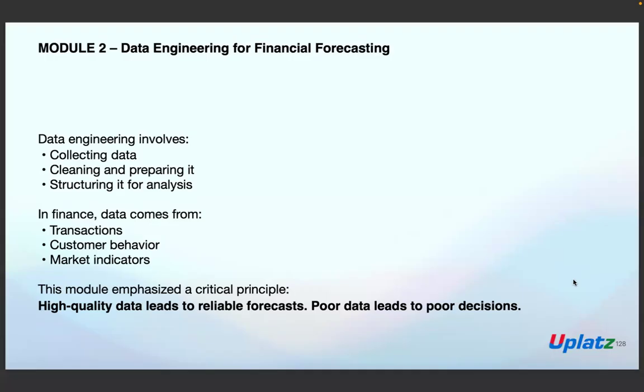In finance, data comes from transactions, customer behavior, and market indicators. This module emphasized a critical principle. High quality data leads to reliable forecasts. Poor data leads to poor decisions.